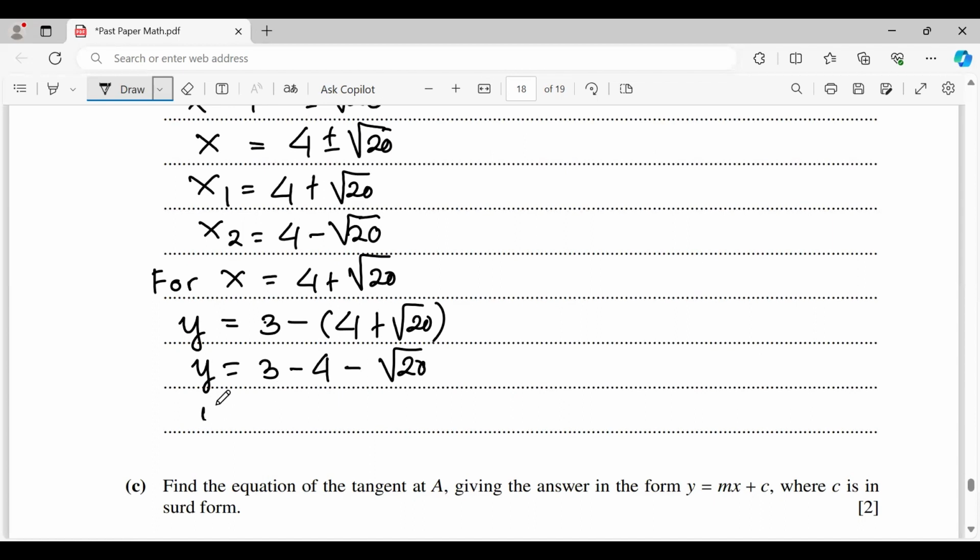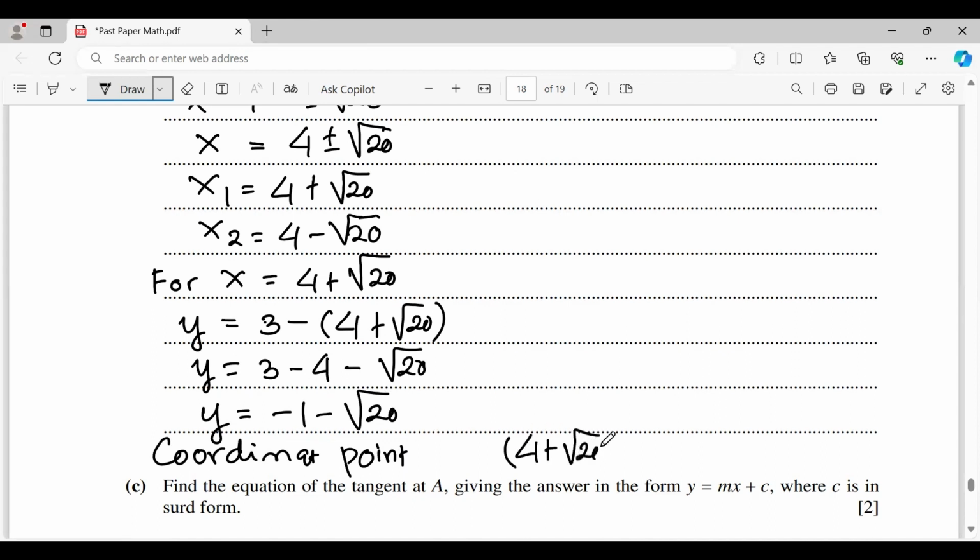So y equals minus 1 minus square root 20. So the coordinate point (x, y) is 4 plus square root 20, comma, minus 1 minus square root 20.